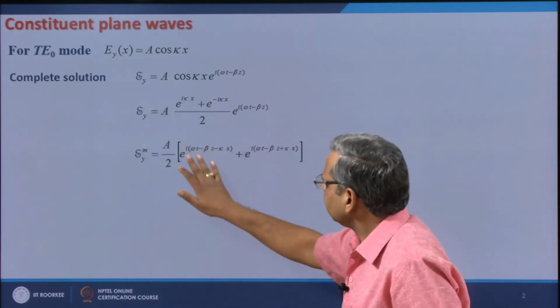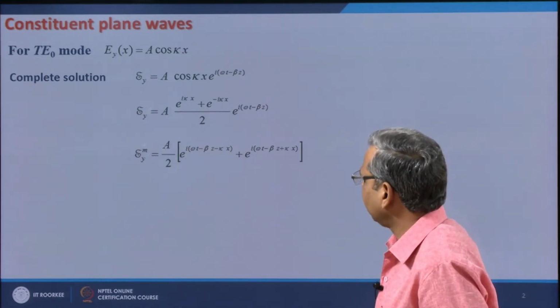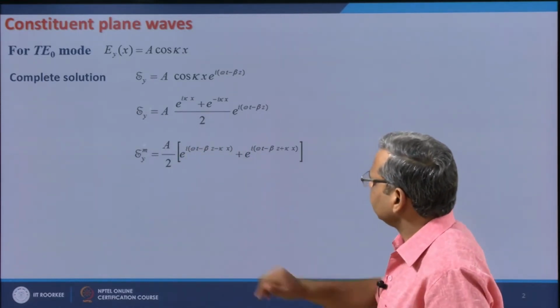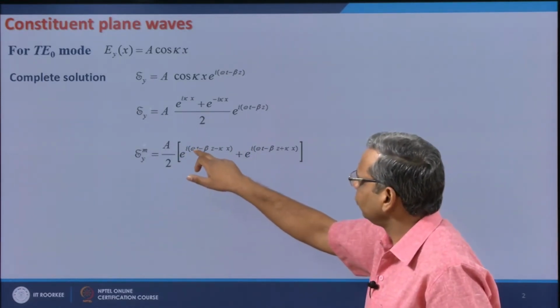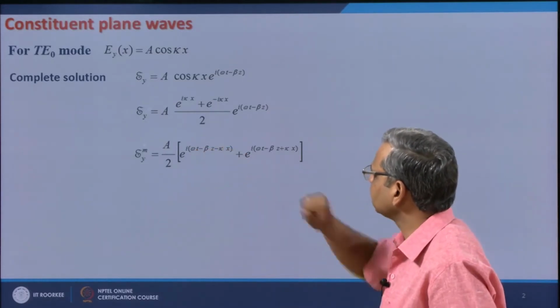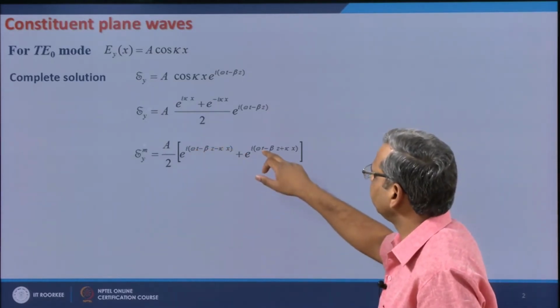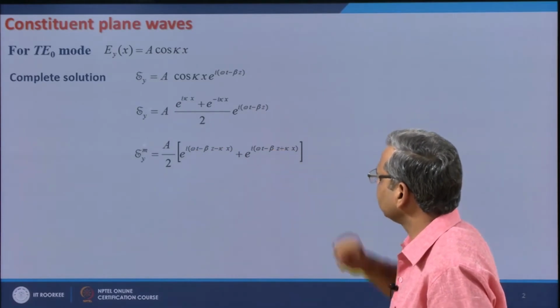Let me arrange the terms in a particular fashion. I see that this term has e to the power i omega t minus beta z minus kappa x, and this has e to the power i omega t minus beta z plus kappa x.